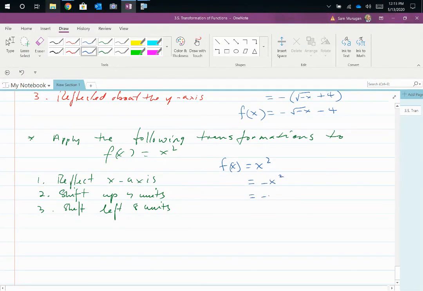Up 7, so this is negative x squared plus 7. And left 8 units, minus x plus 8 squared plus 7. So the function that is finally graphed is minus x plus 8 squared plus 7.